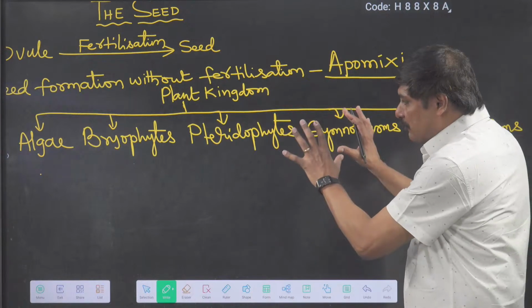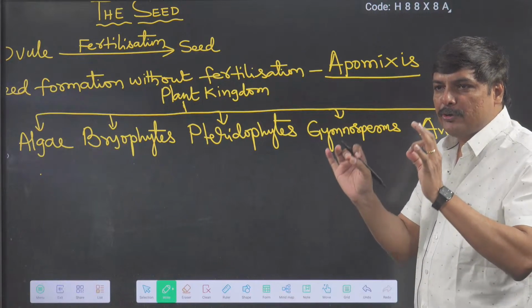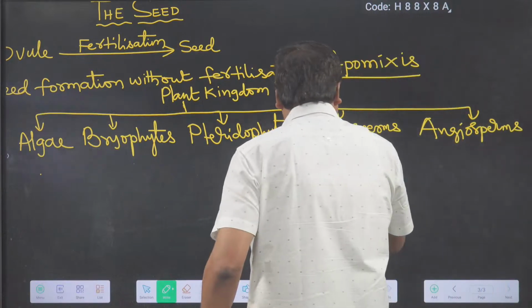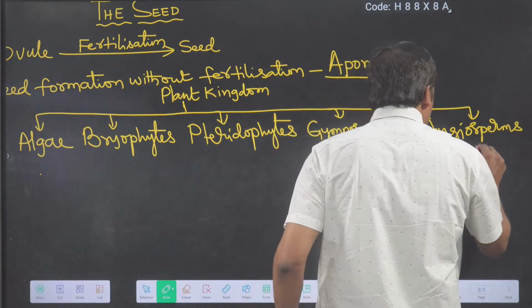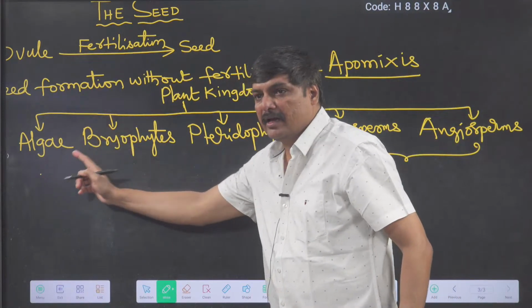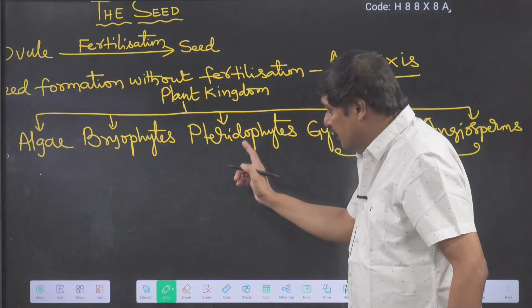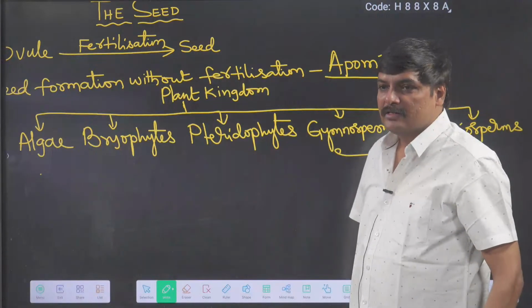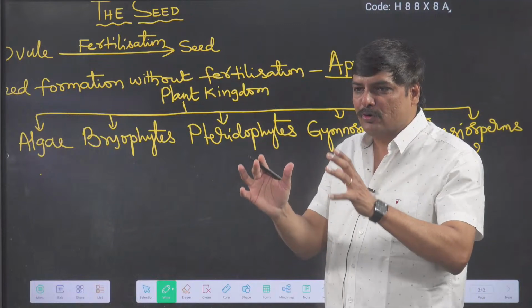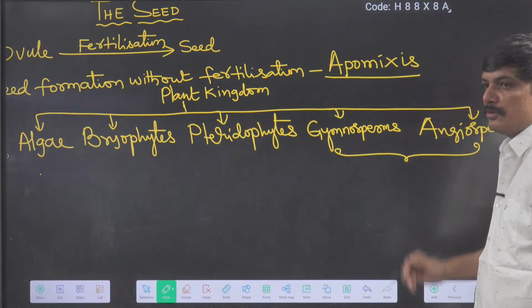Among these 5 groups of plants, seed producing plants are these 2 only. Seeds are not formed in algae, bryophytes and pteridophytes. Seeds are produced only in gymnosperms and angiosperms.